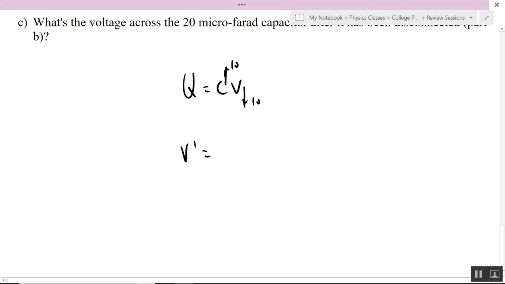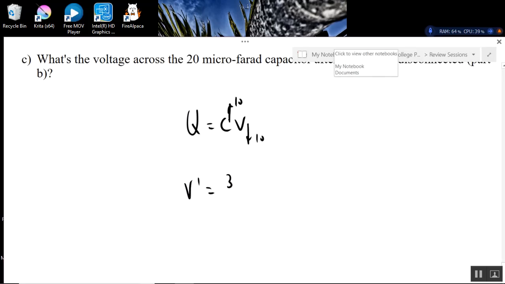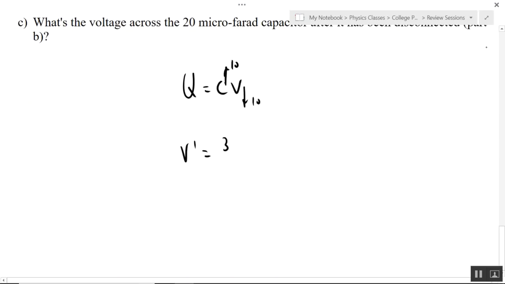Of course, another way to do it is to use the stored energy and then solve for V. You can use 1/2 CV squared, with the new C, and then solve for V. What was the third way of doing it?